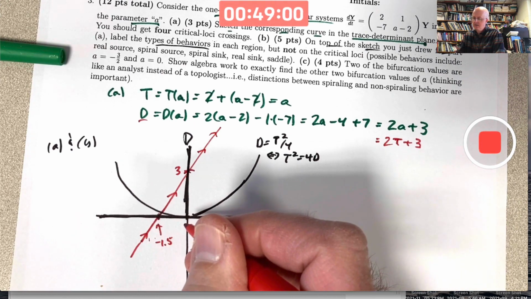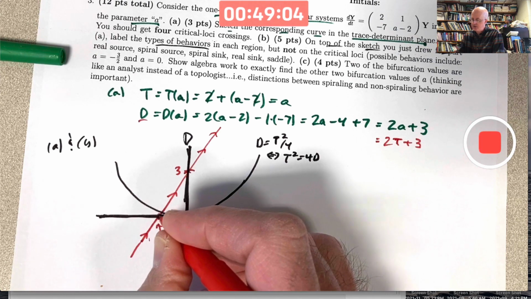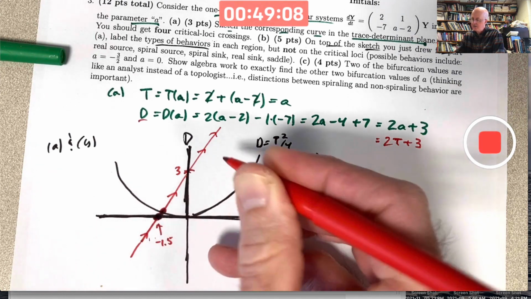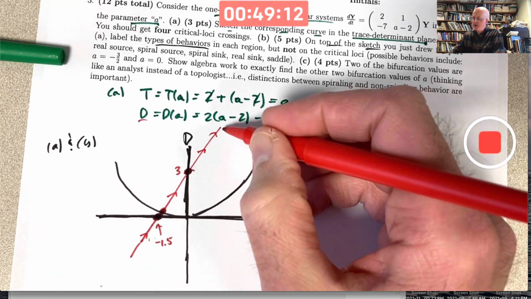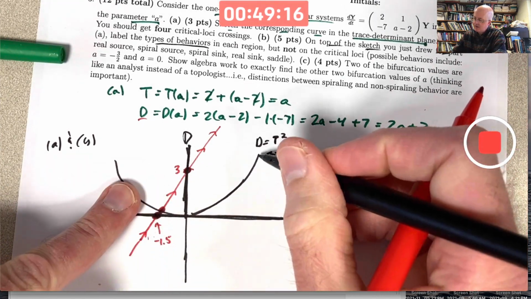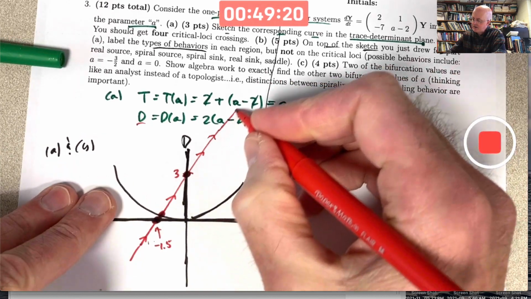Bifurcations occur when you cross critical loci. So right here, right here, right here, and well, it's not drawn, but it would also occur up here.